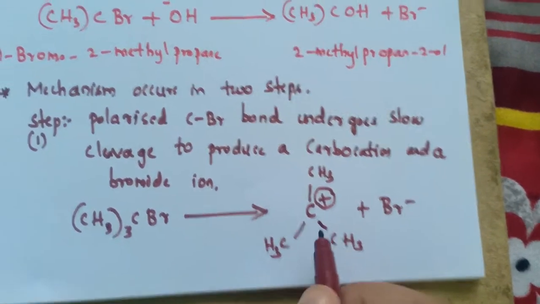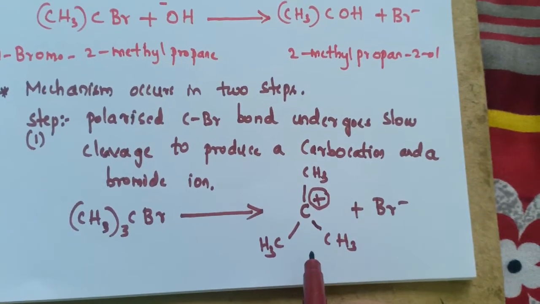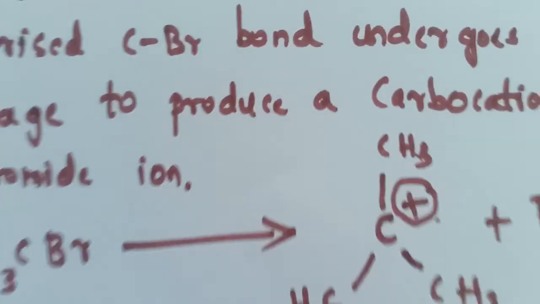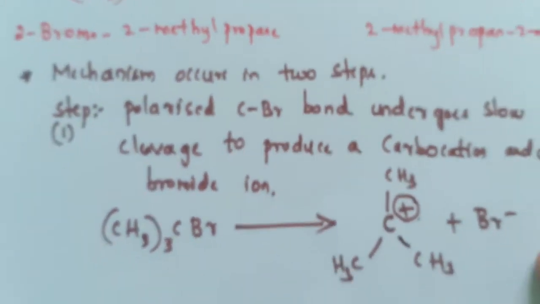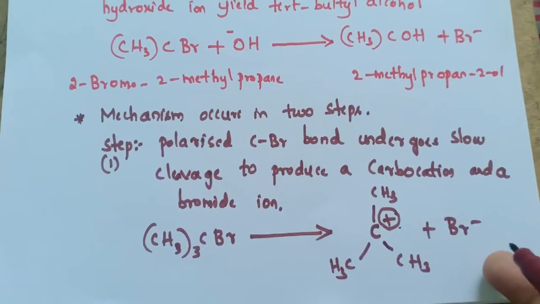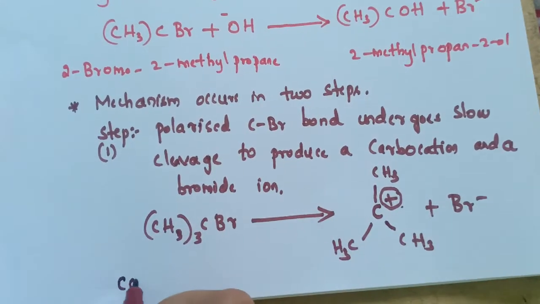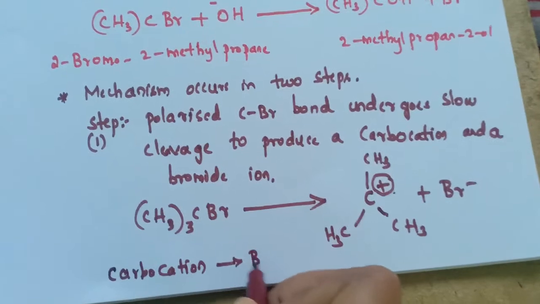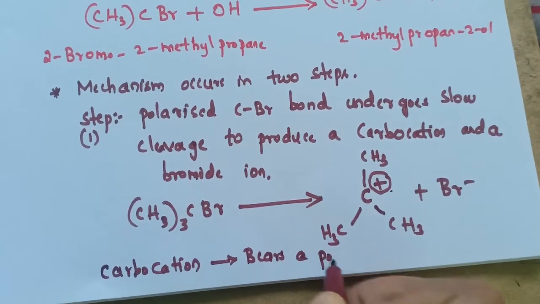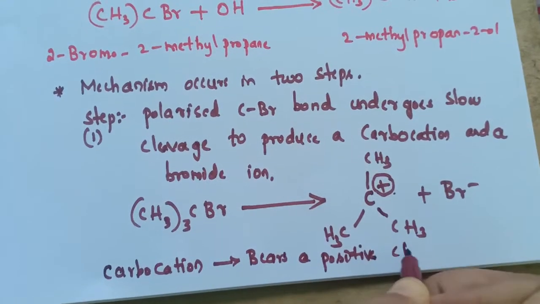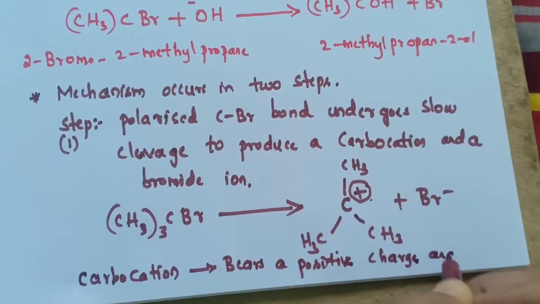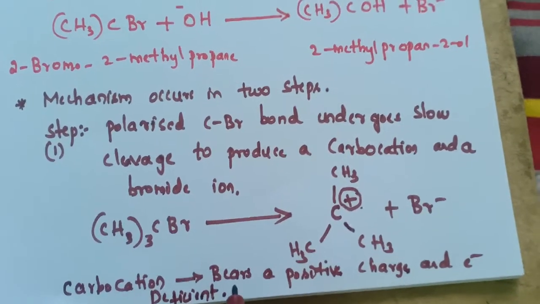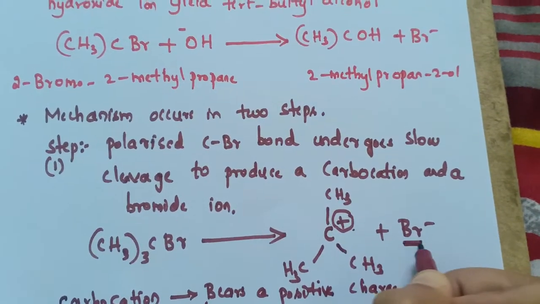That's why it is a carbocation. Carbocation means it bears a positive charge and is electron deficient. Here Br is a leaving group.